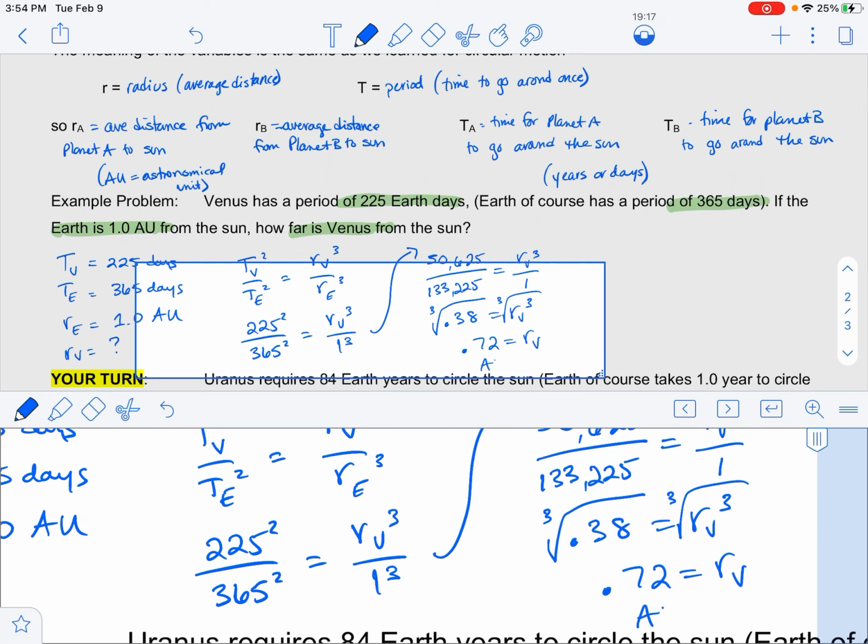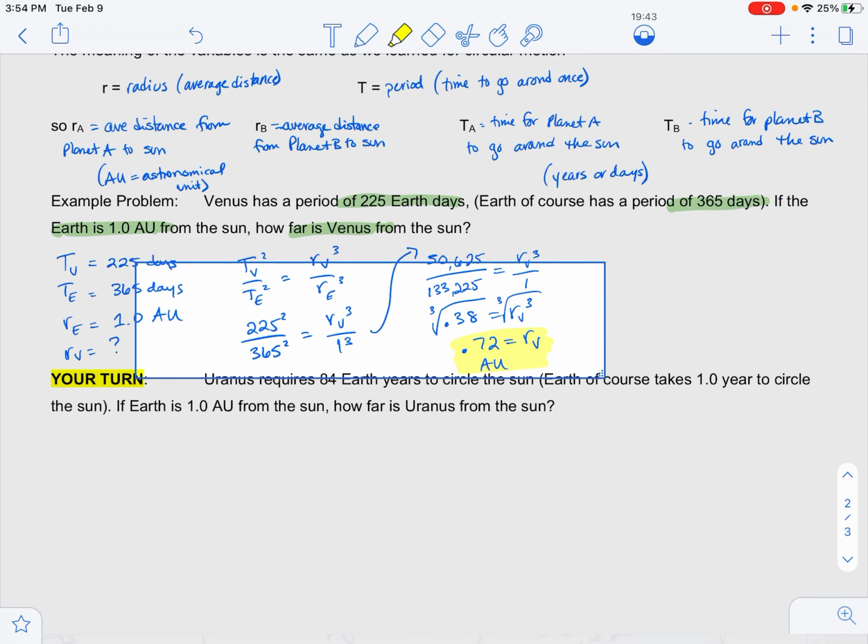What would I label that? I would label that AU for astronomical units. Okay, so what that tells me is that Venus is closer to the Sun than Earth is, which is what I expected because it goes around the Sun faster, right? It only takes 225 days for Venus. It takes 365 days for the Earth.